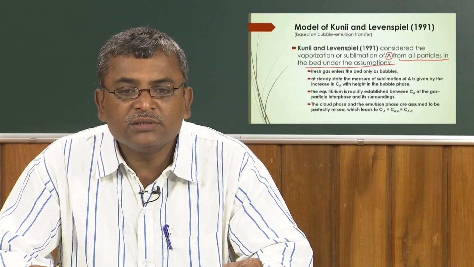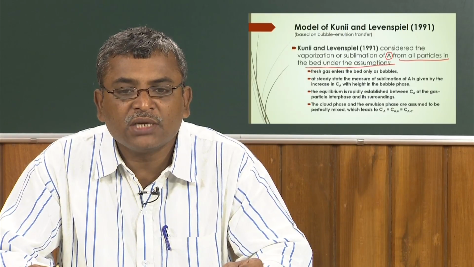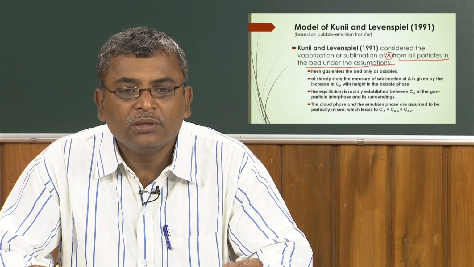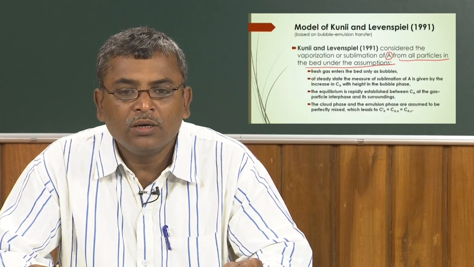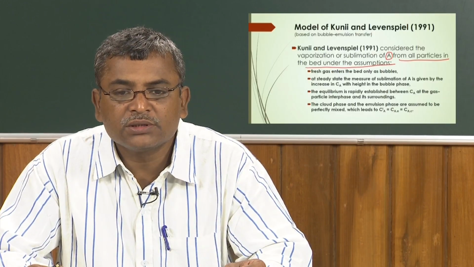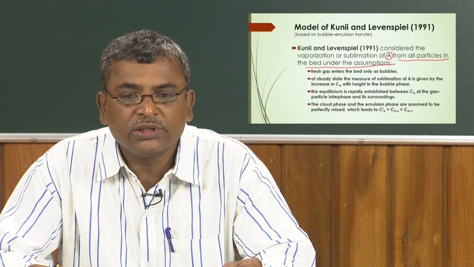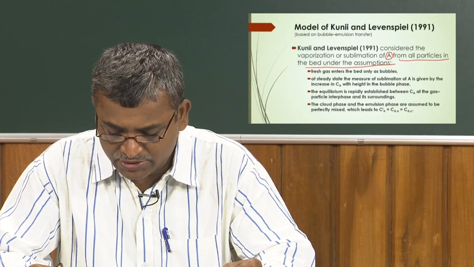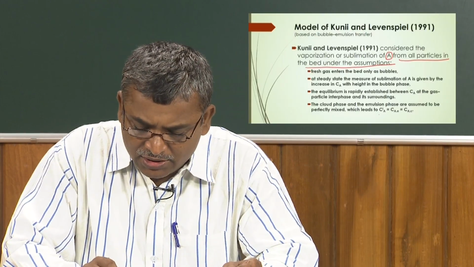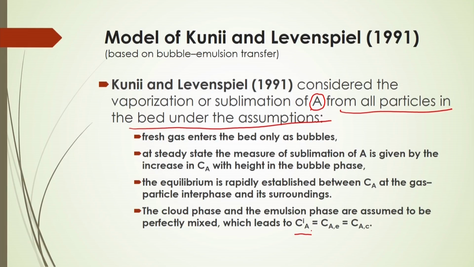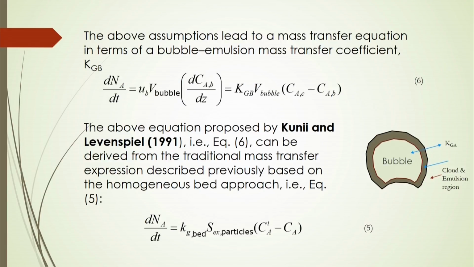The cloud phase and the emulsion phase are assumed to be perfectly mixed, which leads to CA,I equal to CA,E, which equals CA,C. What is CA,I? The concentration of A at the interface, and CA,E is the concentration of component A in the emulsion, and CA,C the concentration of component A in the cloud phase.